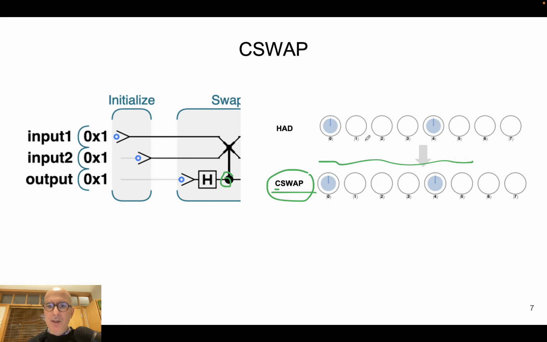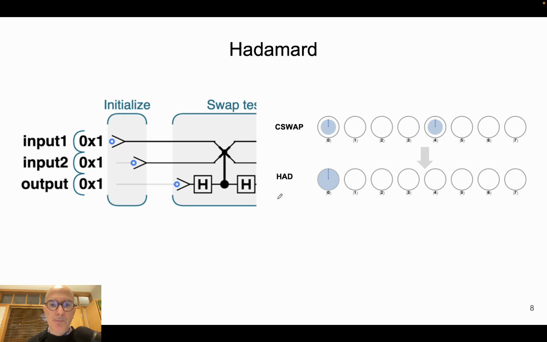We have the same quantum state before and after the C-swap. Then we apply another Hadamard gate, and we go back to the initial state 0. Remember that the Hadamard gate is its own inverse, so we go back to the original state.